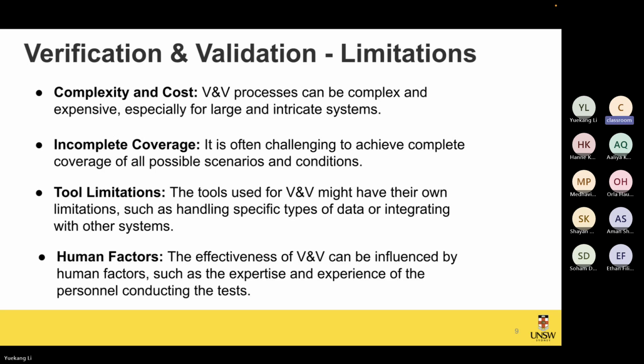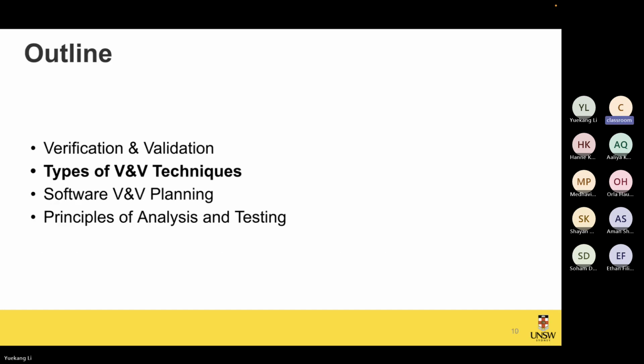And there are human factors, because eventually it is humans who are using the tools, and it is humans who are designing the strategies of using these tools. If a more experienced person uses the tool, then the result could be better. But if the person is not very experienced, then the result could be bad. So these are the limitations of verification and validation.